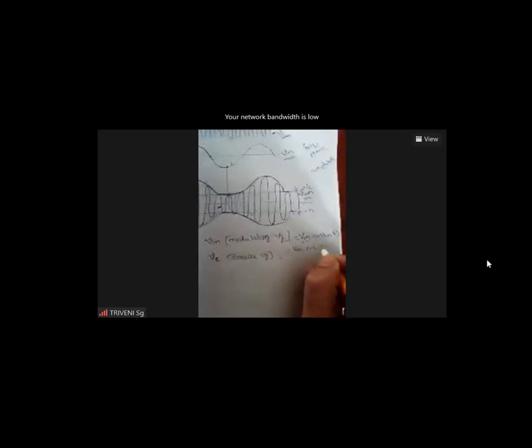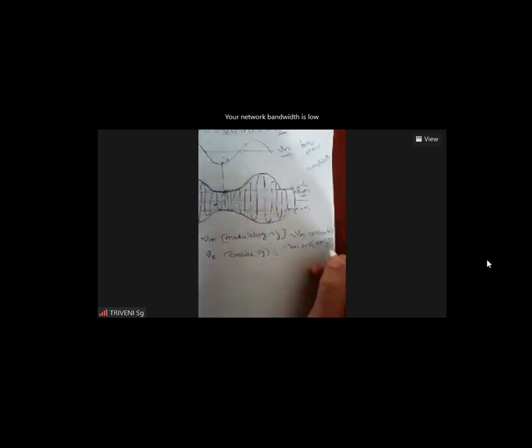Okay, Vm cos omega mt can be written as, omega is nothing but 2 pi f. So here also omega m means 2 pi fmt, where fm is the frequency of the message signal.